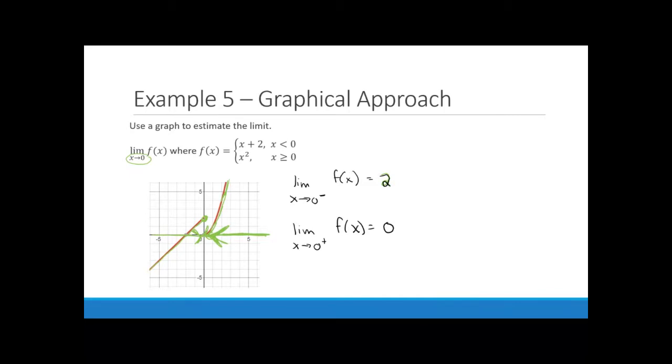On one side it approaches 2, the other side it approaches 0. Since these don't match, we say the limit as x goes to 0, without the plus or minus symbol, which means both sides, does not exist because they don't match up from both sides. So there's a gap at 0. One side goes up here, the other side goes down here, and they don't match.